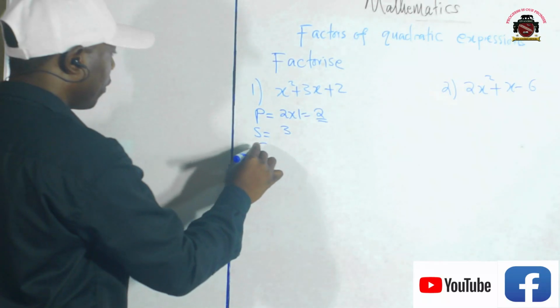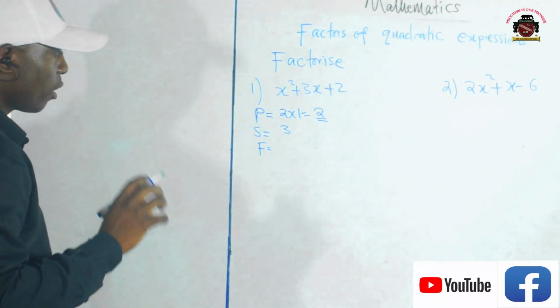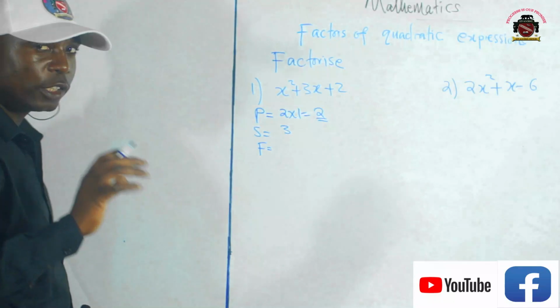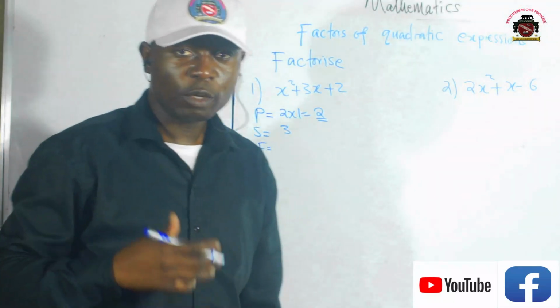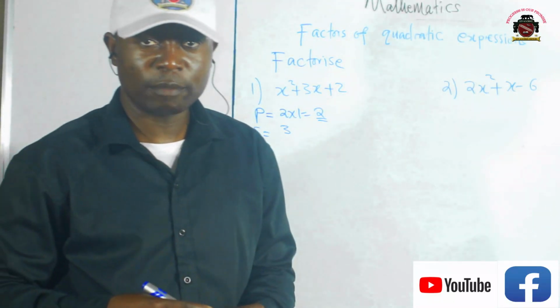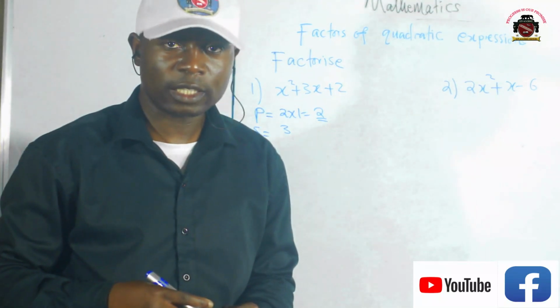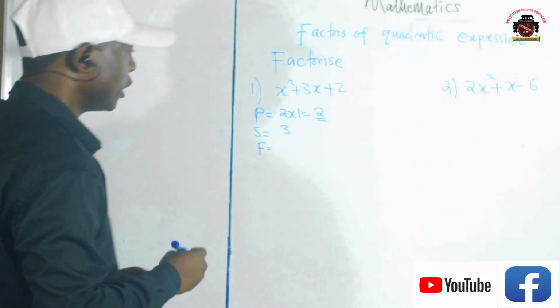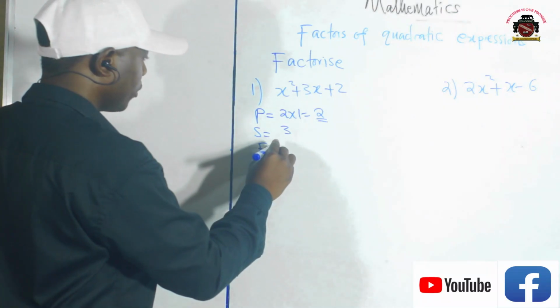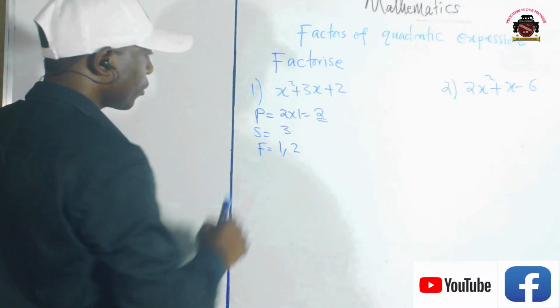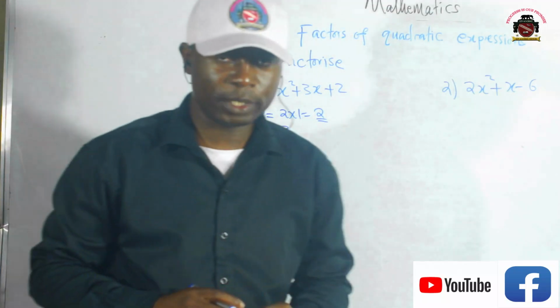And then you have the factors. What are the factors? You need to find two numbers such that when you multiply them, you get 2, and when you add them, you get 3. Those factors are 2 and 1, so I'll say 1 and 2. Are we on the same page?